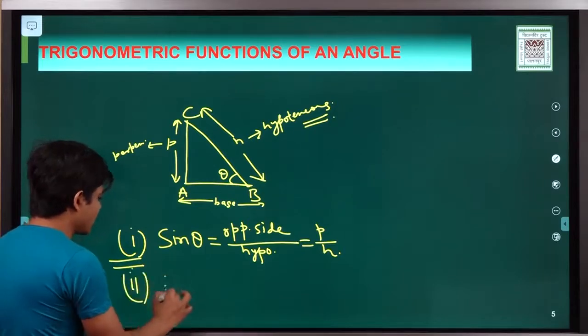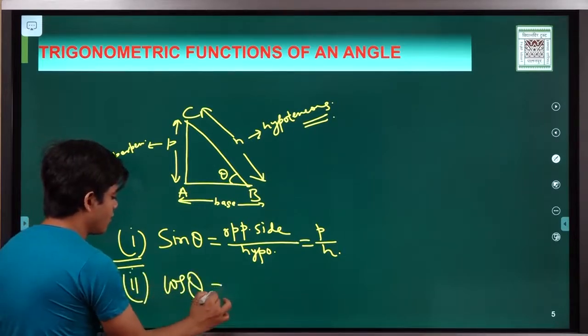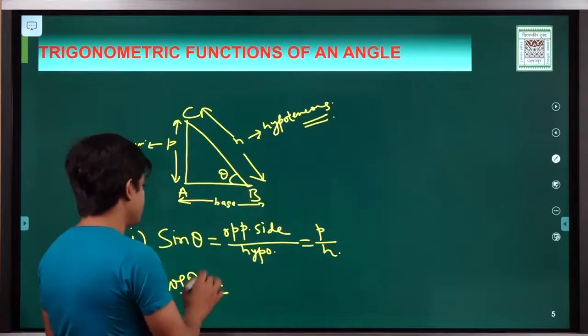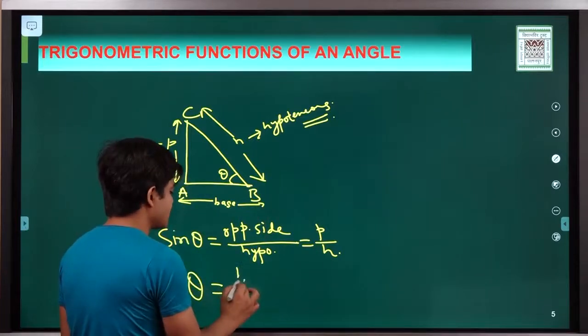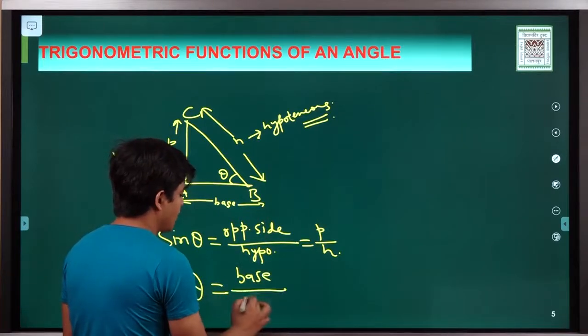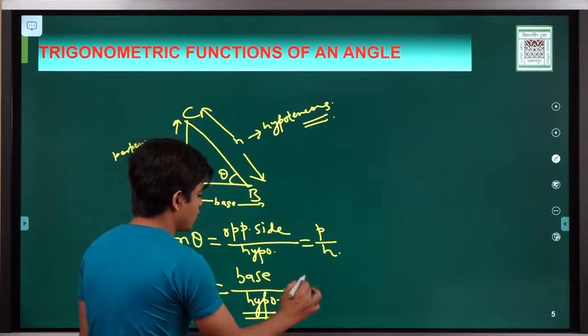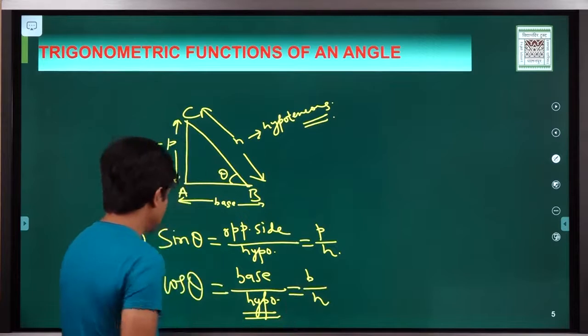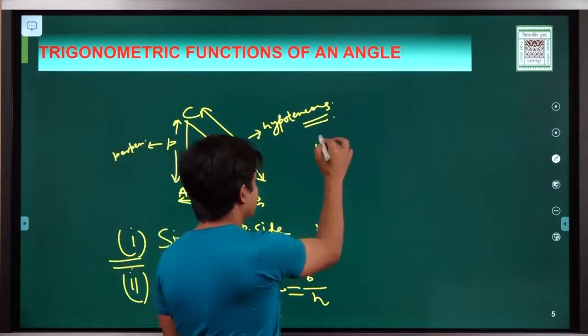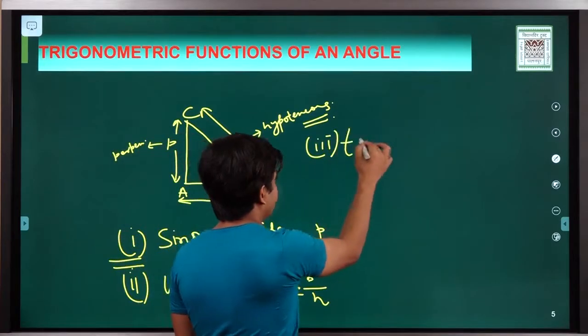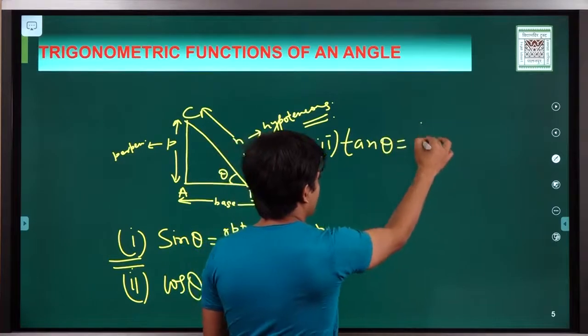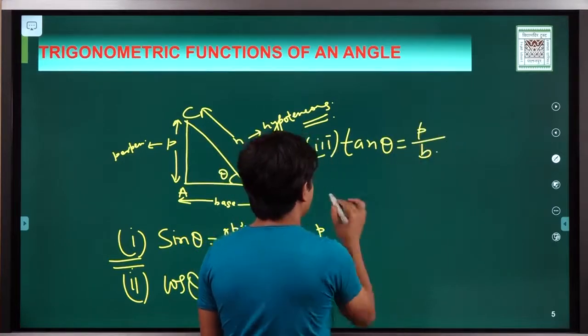The second is cos theta. So cos theta will become base upon hypotenuse, B by H. All right, the third is tan theta. So tan theta is perpendicular upon base.